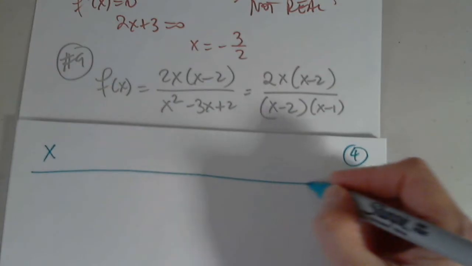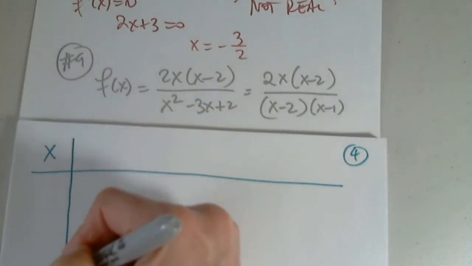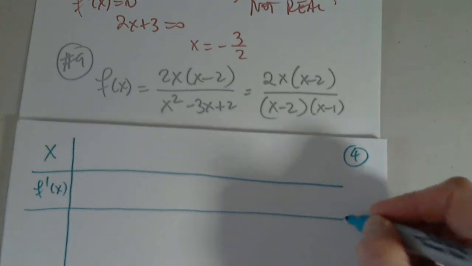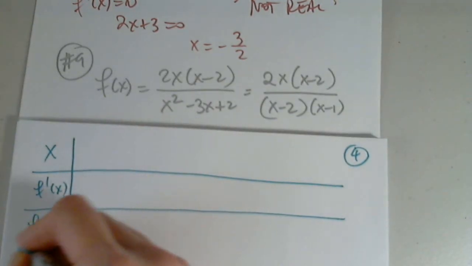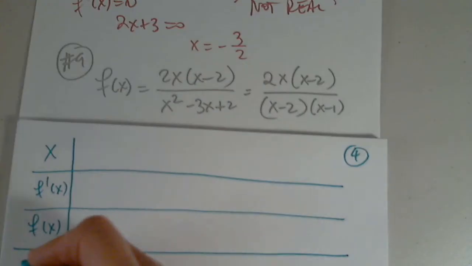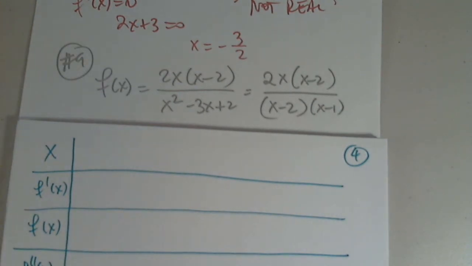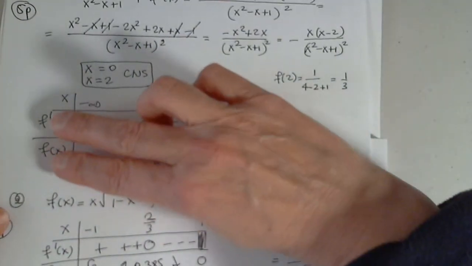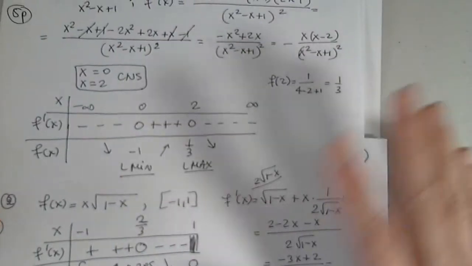So here's the table. Please understand, that's one of the reasons why I want to see your written work. Again, you have to use a table. I saw someone reverse this order. Excellent.